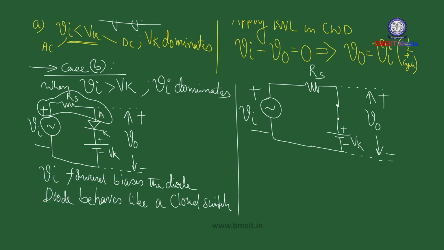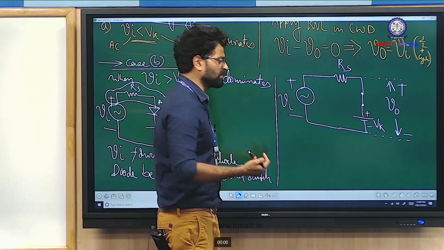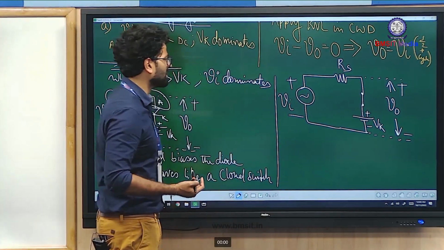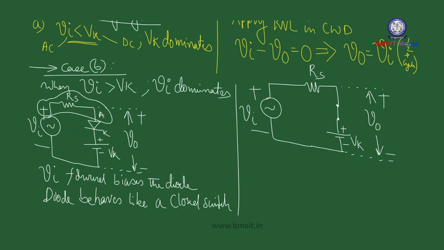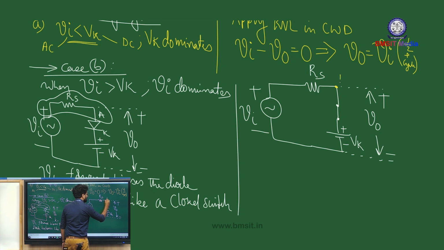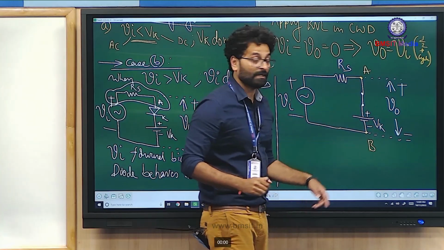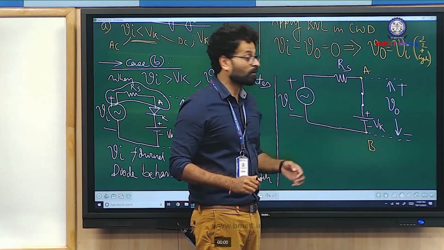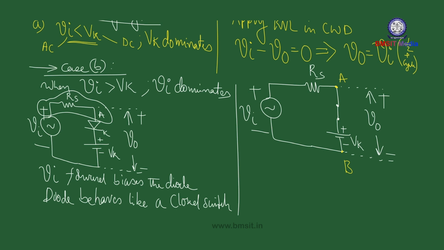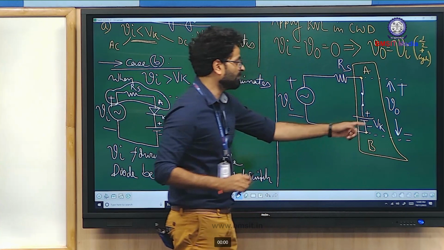Alright, so you can observe the output. You don't have to apply KVL, though there is a closed circuit. Why, I'll tell you. So where are we observing the output? You are observing the output across, say, node A and node B, correct? And what do you have between node A and B? You have a battery, right?